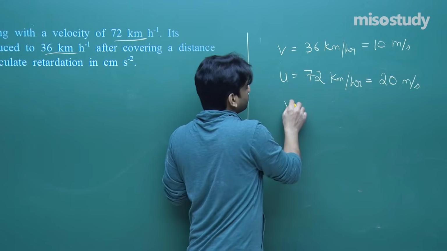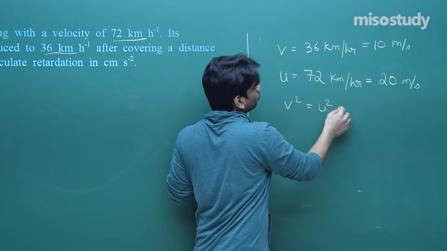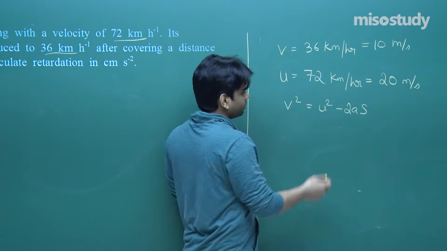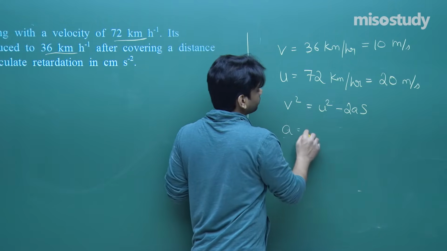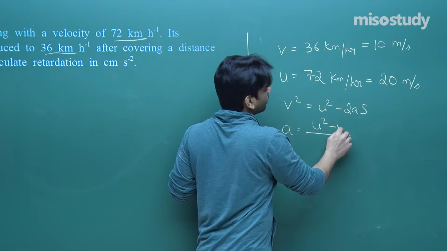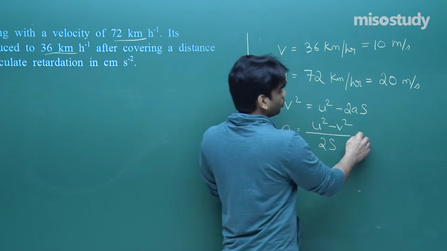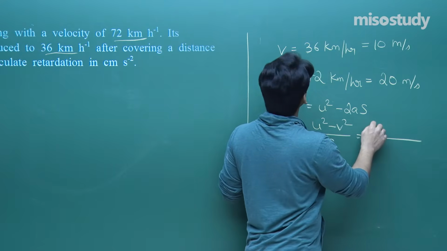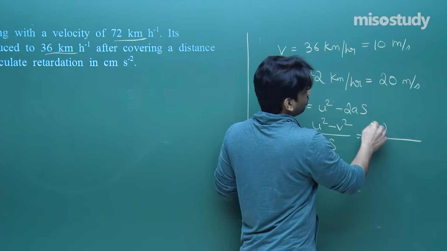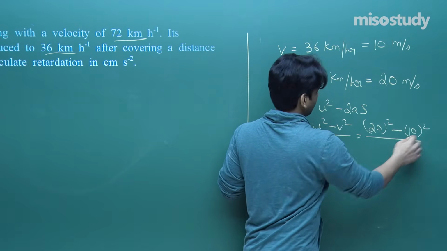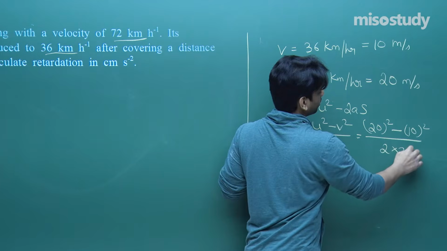Next, we know that V square is equal to U square minus 2AS when we are talking about retardation. So A will come out to be U square minus V square divided by 2S. So this will come out to be U square, that is 20 whole square minus 10 whole square divided by 2 into 200.